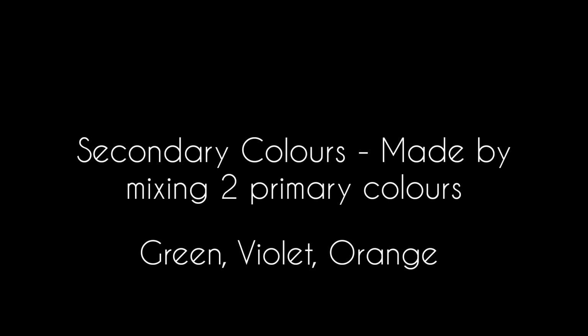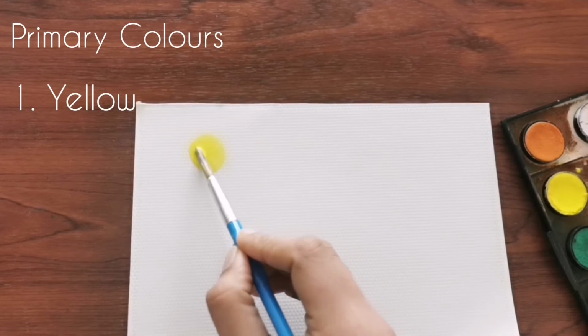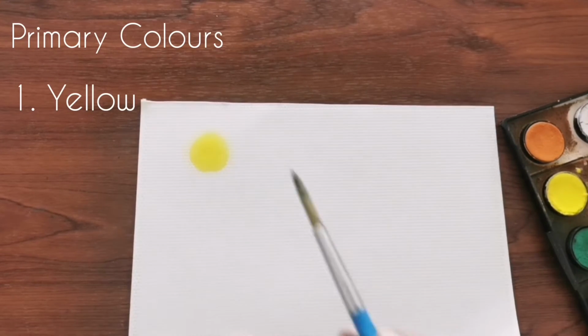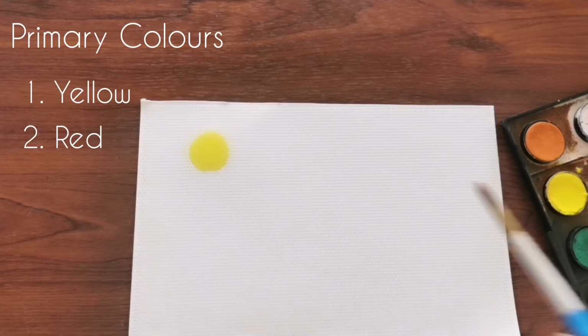So that's two things we will learn, and we can do it now. I will show you, and you can also try yourself. Just take a paper, and watercolor will be fine for this. I will start with the primary color yellow, the next primary color is red, and then the blue.